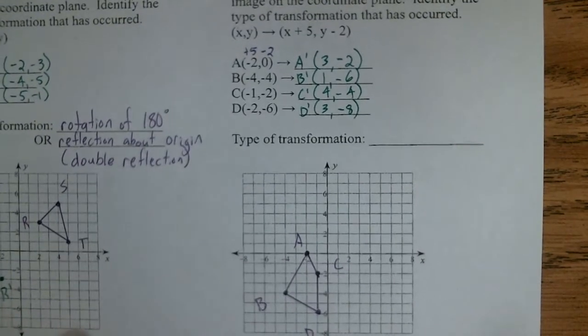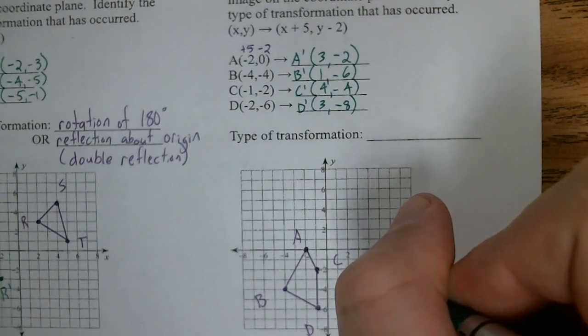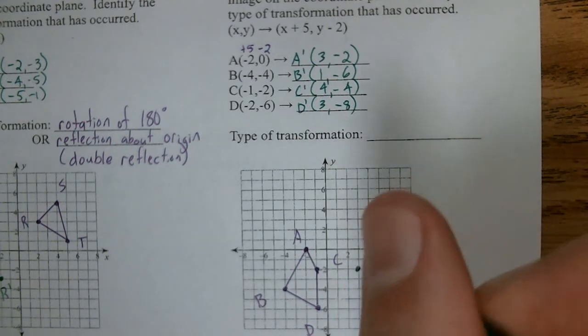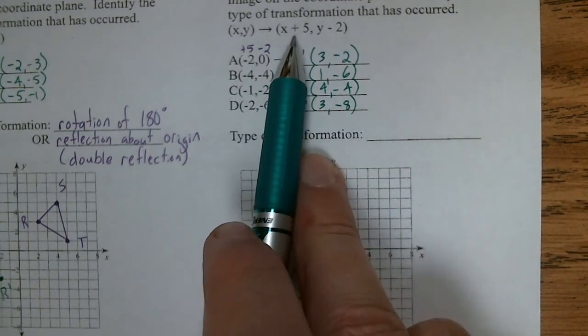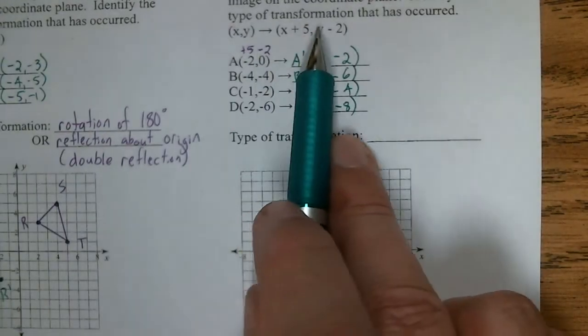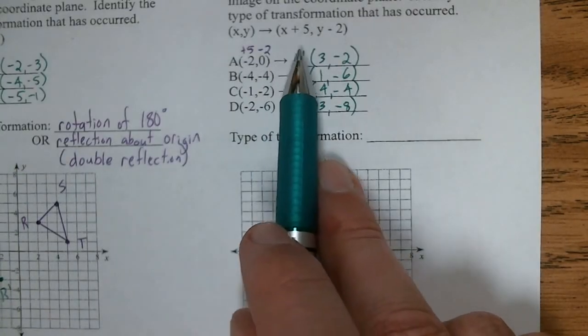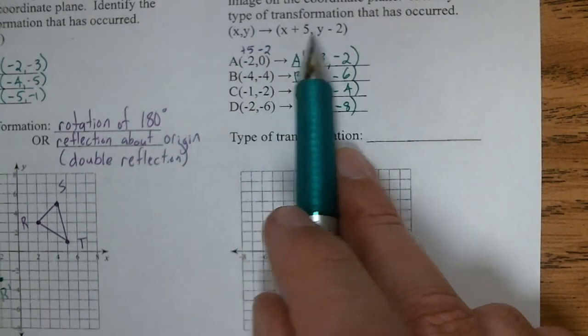Okay, so we can plot our points here once the camera gets back in focus. Thank you. Alright, so A prime is right 3 down 2. Because basically what we're doing here, guys, is we're going right 5 down 2. Okay, so you can do this one of two ways. You could either do what I did, which is doing it mathematically, or to me, really the easier way to do it is just count with your fingers.